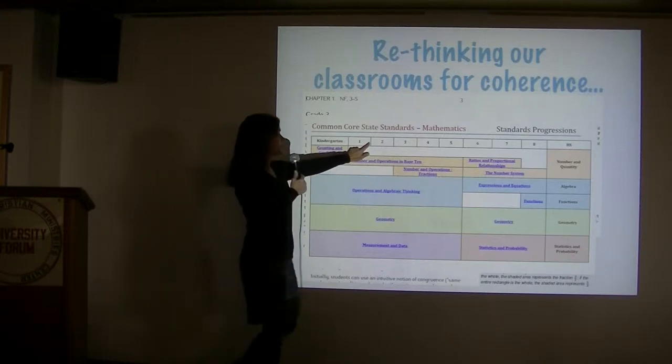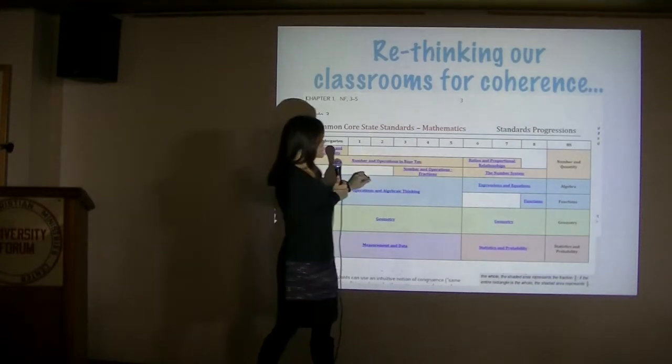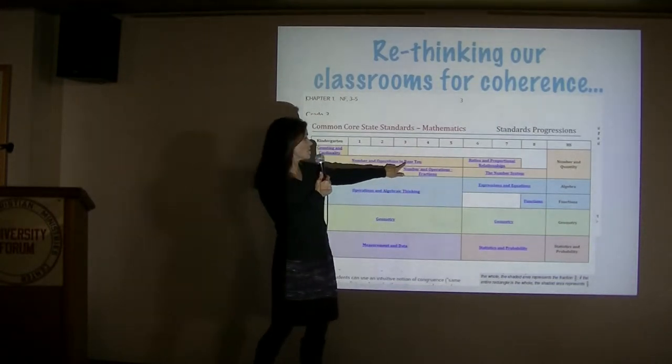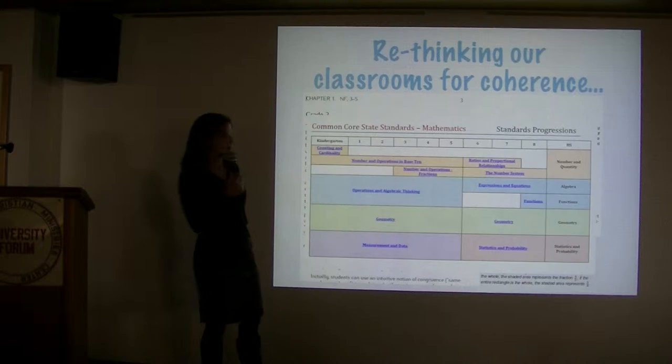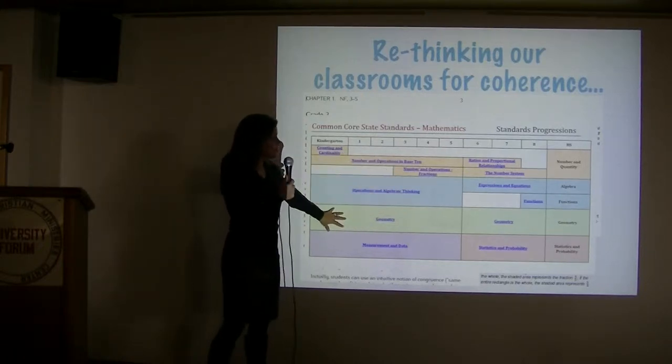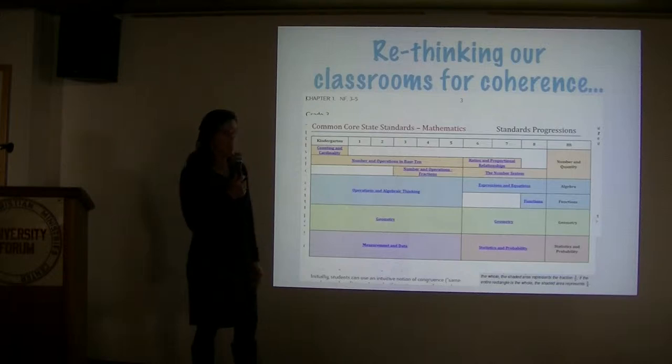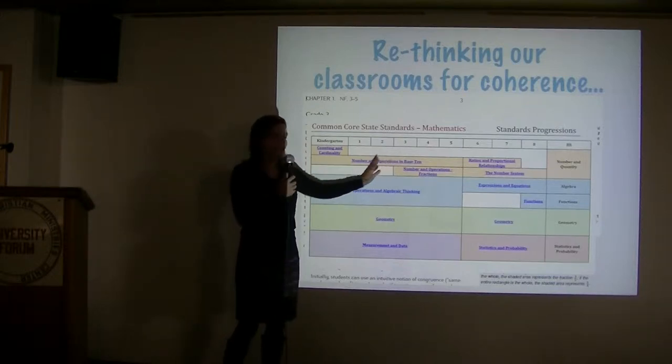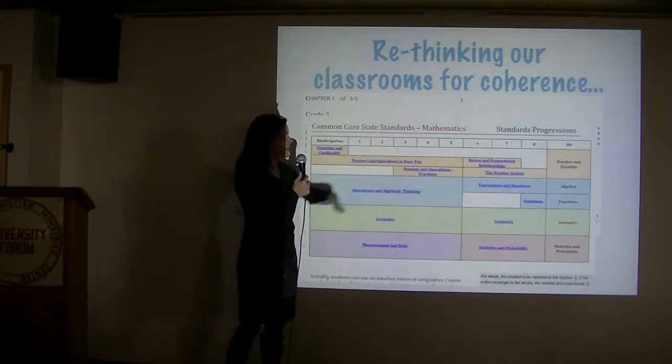When you go into first, second, third, fourth, and fifth, now we're going to talk about number and operations and base 10. All of these in blue are expectations for our Common Core, but you can see on this map where they fall by grade level.